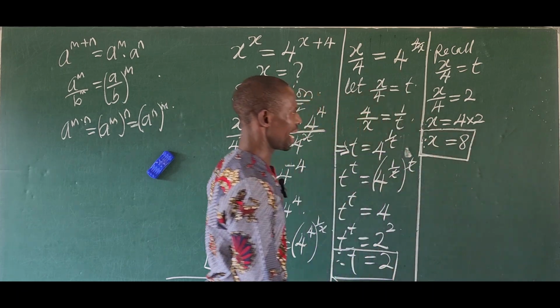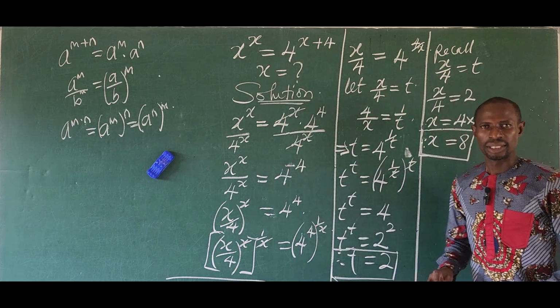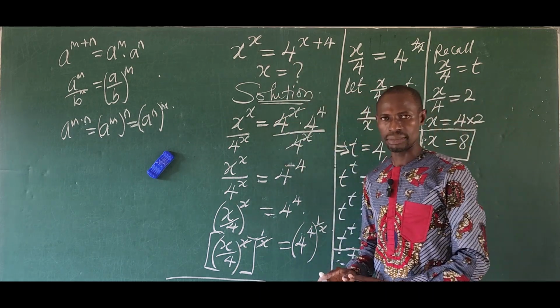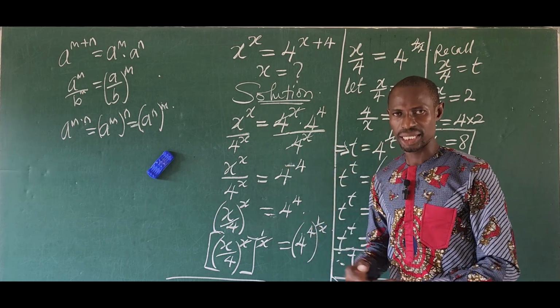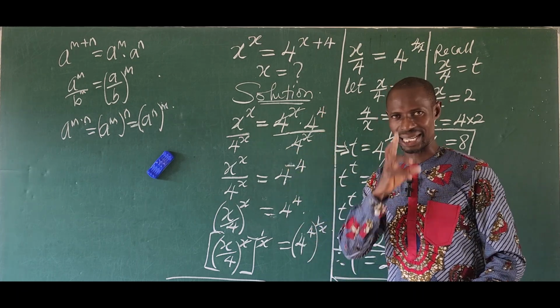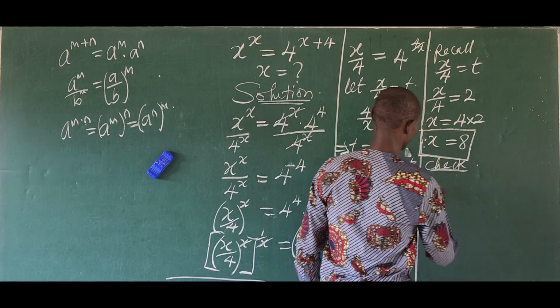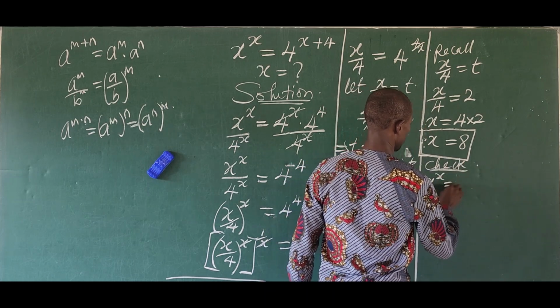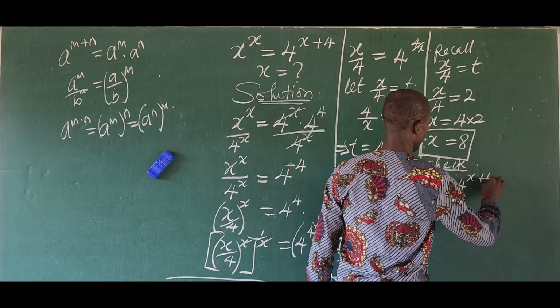So 8 is the answer to this wonderful exponential equation. But let's see if this actually satisfies this equation, or if the solution is an extraneous one. So let's take our check. We have x to the power of x is equal to 4 to the power of x plus 4.